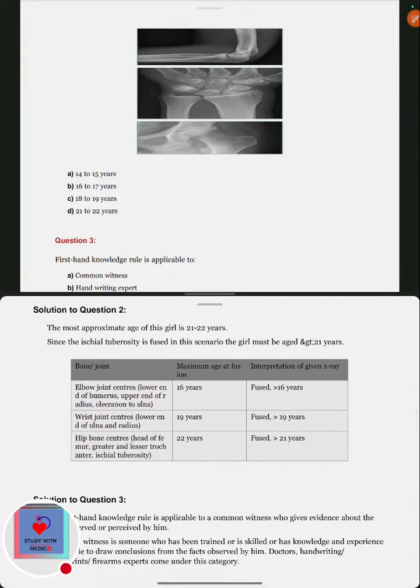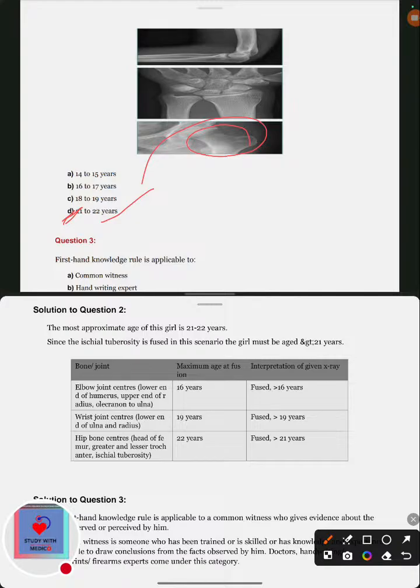The most approximate age is between 21 to 22 years. Since the scale tuberosity is fused, the girl must be aged between 19 to 21 years.